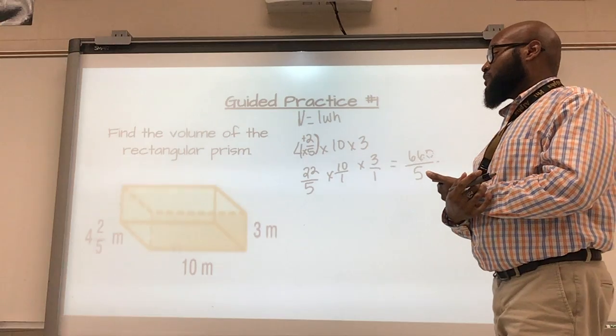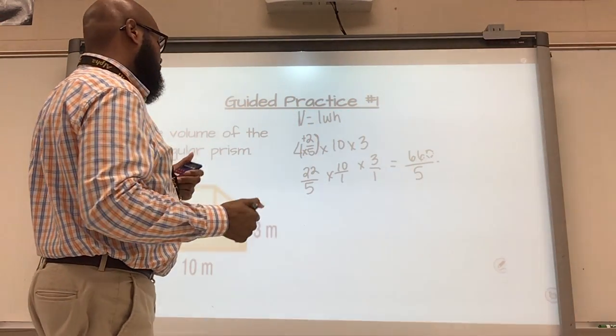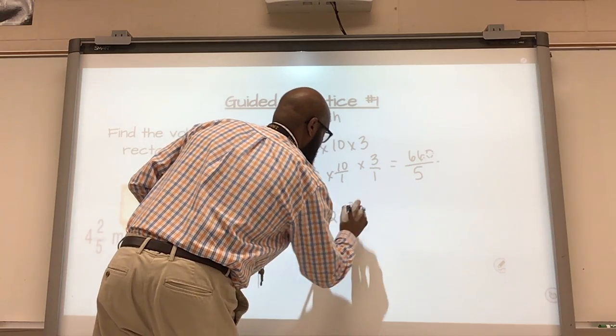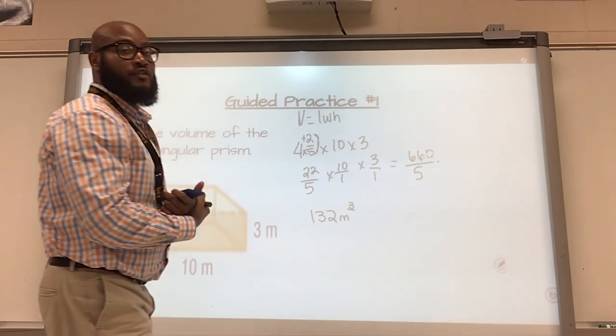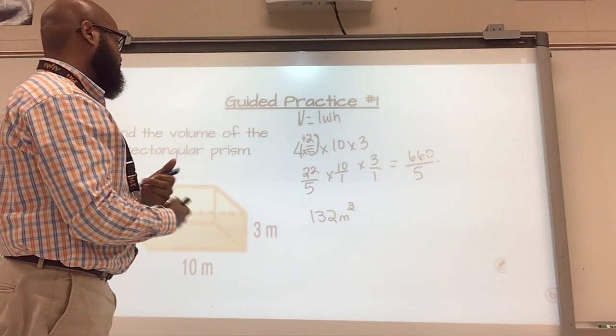To finish it off, we must divide 660 divided by 5, and that will give us 132 meters cubed. Do not forget about your meters cubed because we multiplied 3 different numbers together.